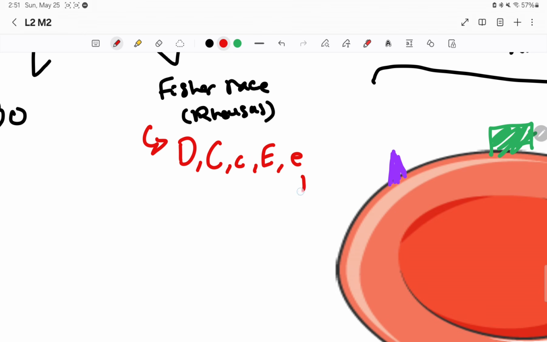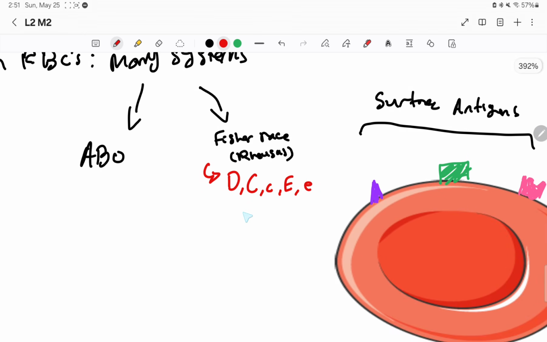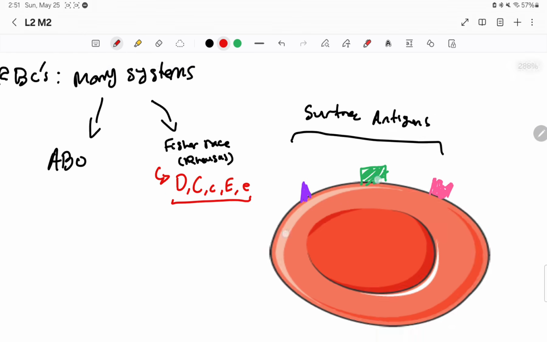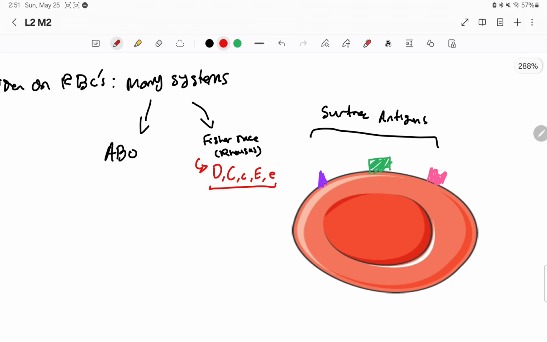So these are the 5 primary antigens of the Fisher-Race. But remember, this system describes upwards of 50. That means there are 50 antigens on the surface of this red blood cell, including these guys, and including A, B, and O.